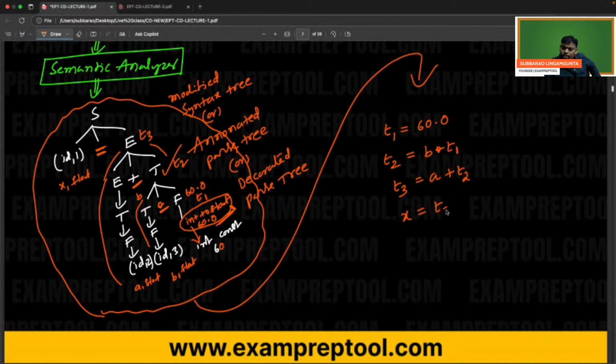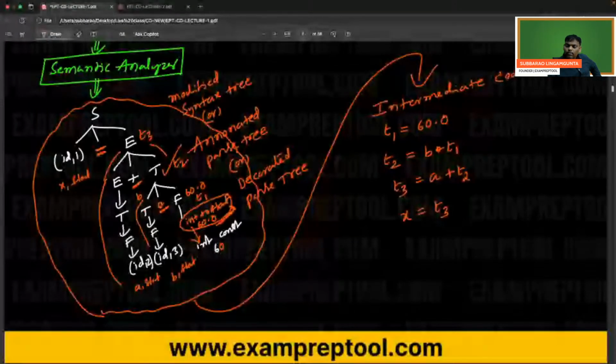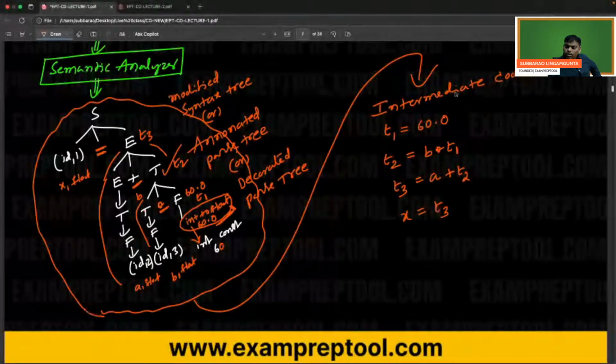Assignment will be done, this T3 will go to X. So remember, this is called intermediate code generation. From the bottom, you have to write intermediate code. For every intermediate operation, keep one temporary variable.